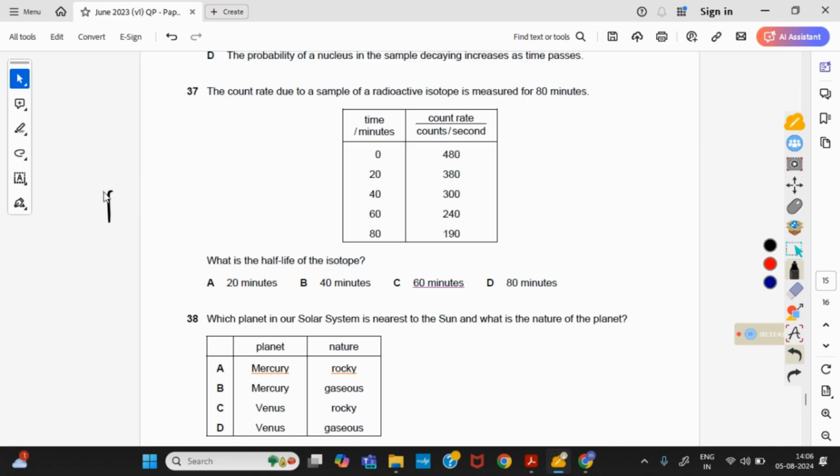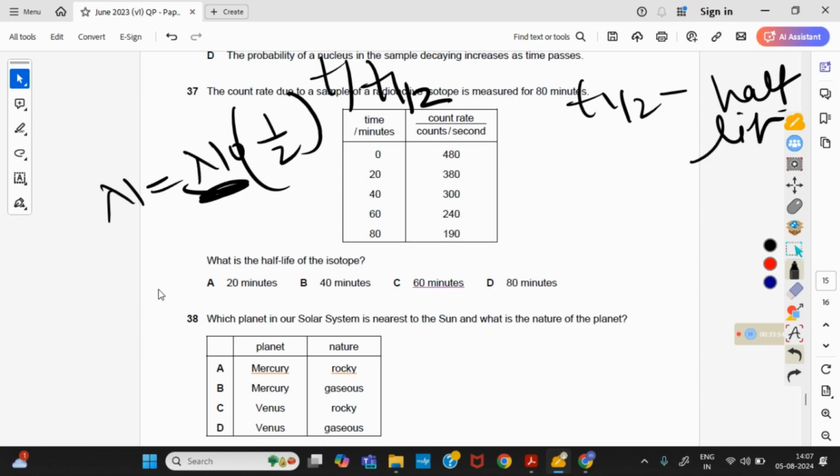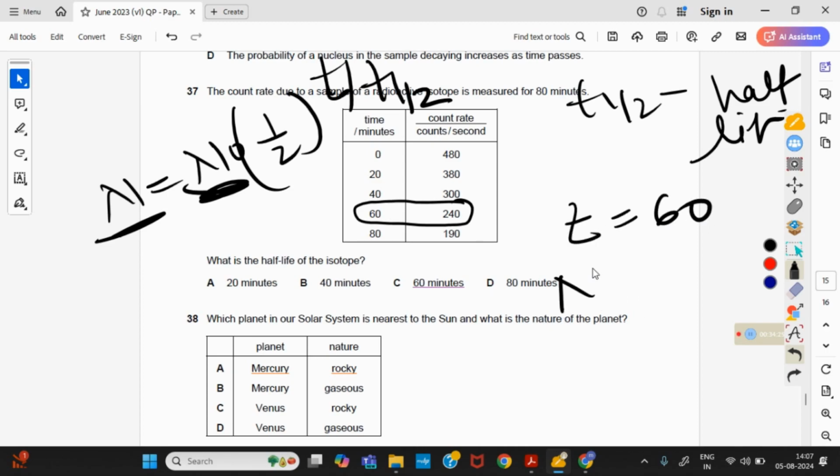Now the formula is N is equal to N naught times one half to the power T by T half, where T half is the half-life. N naught is the initial amount and N is the amount of the sample after time T. What we can do is take any time from the given chart. If we take T equal to 60, N is 240.